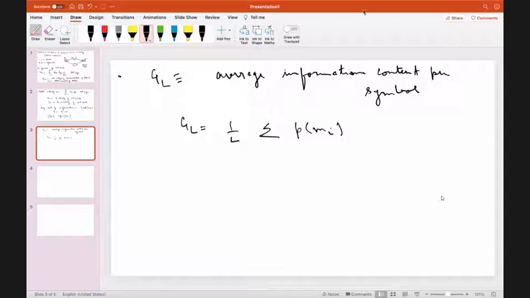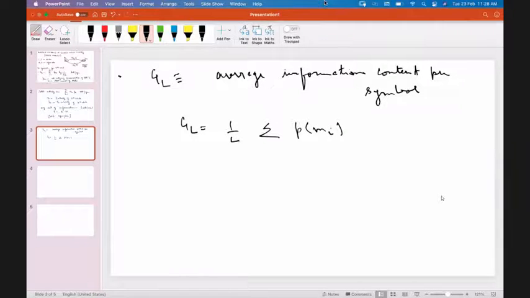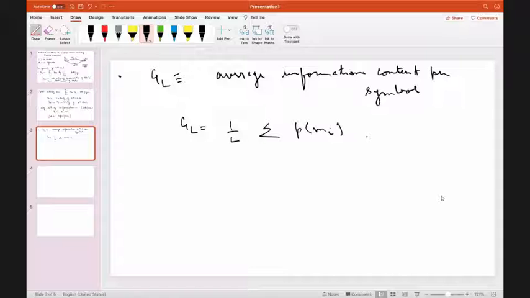So it is given as the sum of Pi log 1 over Pmi.